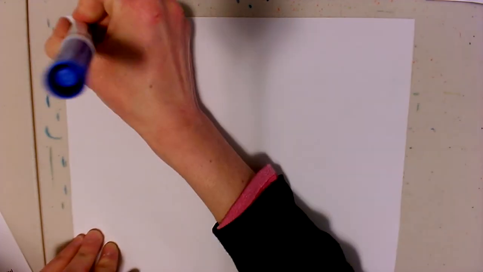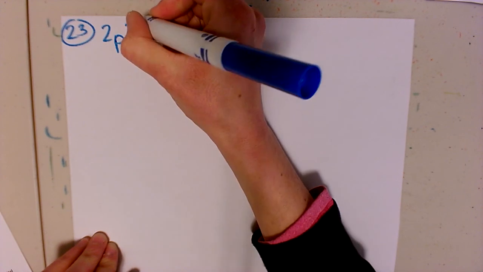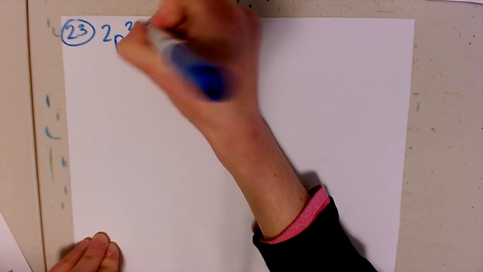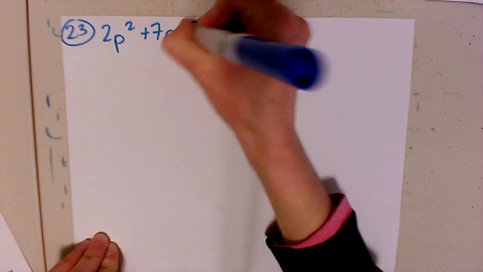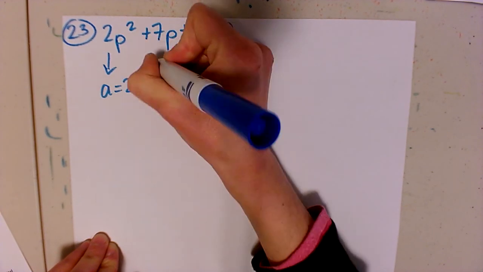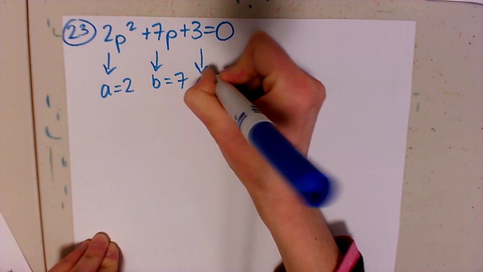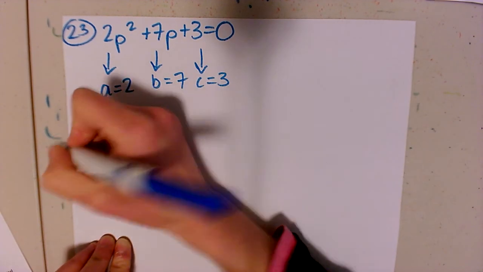And so your answer to 22 is just one real number solution. Okay, so let's do 23 and 24. So for 23, I have 2p squared plus 7p plus 3 is 0. So for this, a is 2, b is 7, and c is 3.